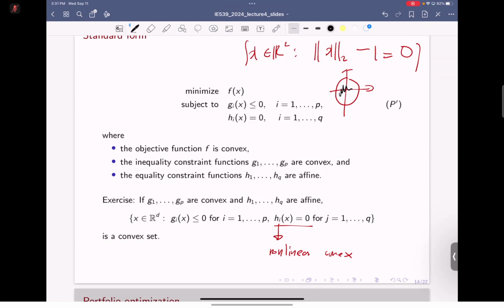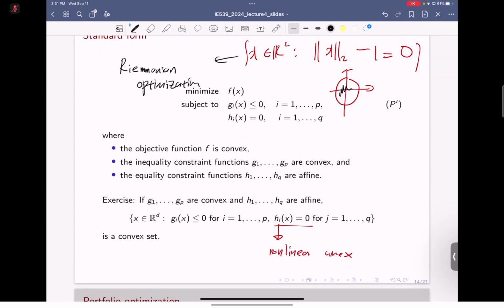But let me give you one more thing that might be interesting to some of you. This is a special type of non-convex constraint. And you can actually optimize a convex function over this non-convex set. The required method is called Riemannian optimization.